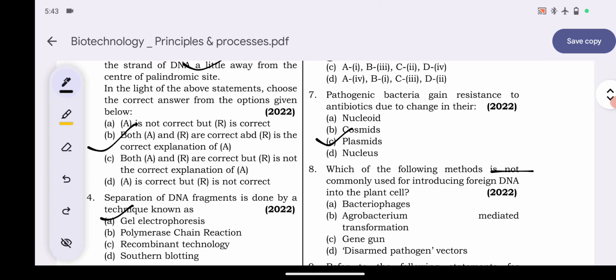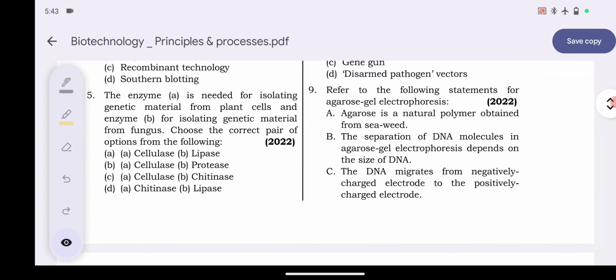Which method is commonly not used for introduction of foreign DNA into the plant cell? So here the answer will be option A, bacteriophages. Option A is the correct one because bacteriophages act as a cloning vector for bacterial cells, not plant cells. So option A is the correct answer. Question number 9.